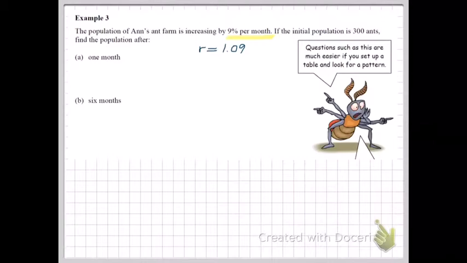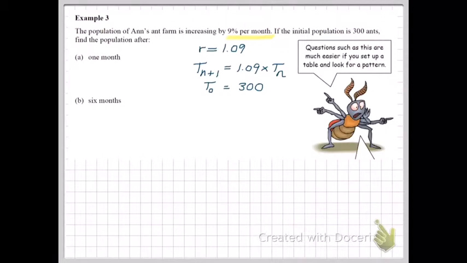This, of course, is a geometric progression because the amount is being increased by a fixed ratio each month, and that ratio is 1.09. So we can write the progression as Tn plus 1 equals 1.09 times Tn, where the initial amount, T0, is 300.